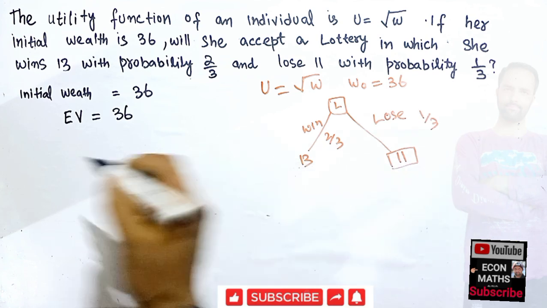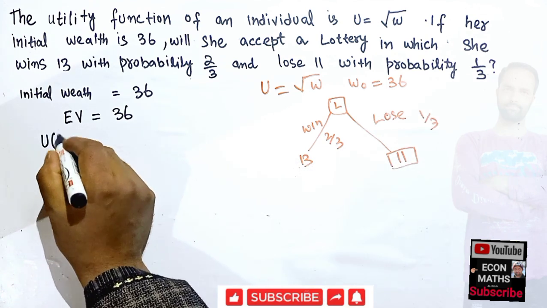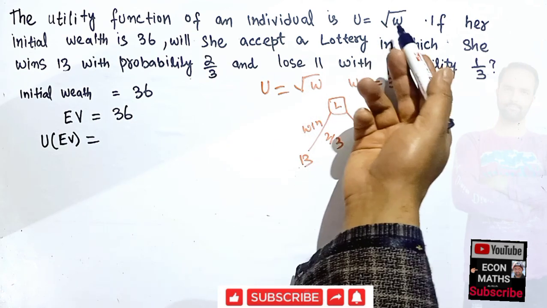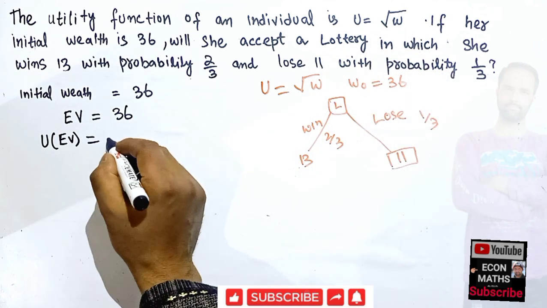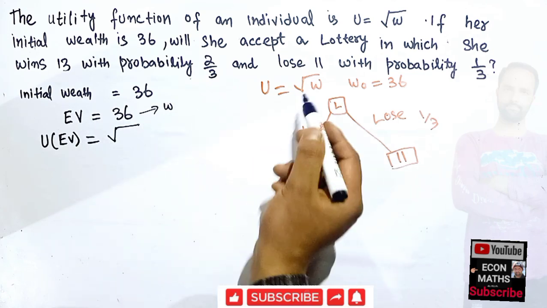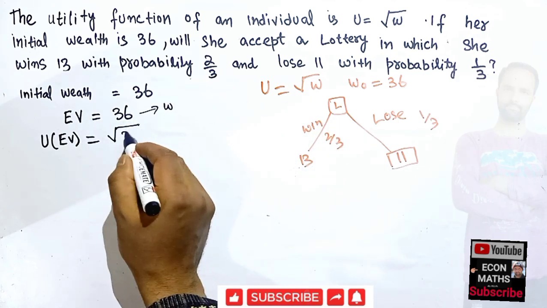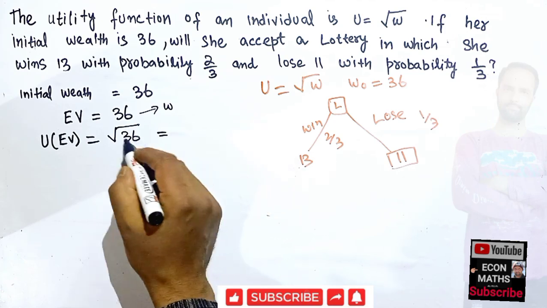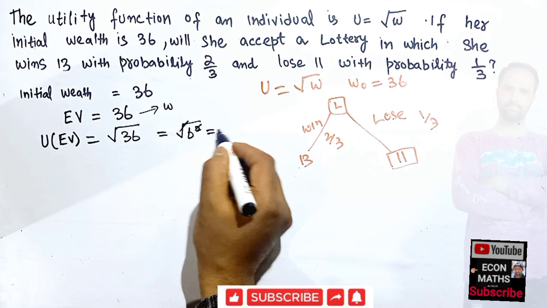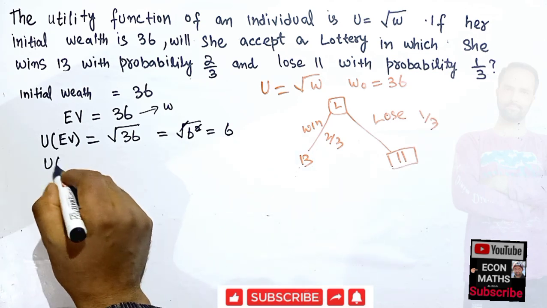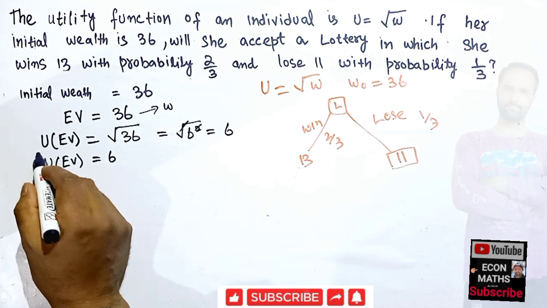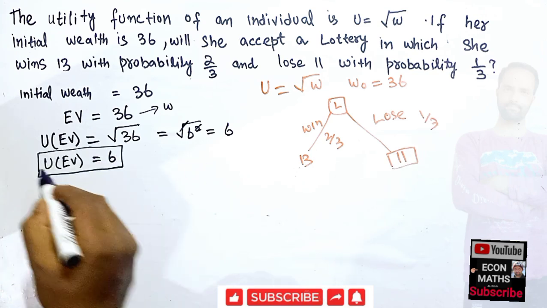Now what is the utility of expected value? The utility function is √w, so the utility is √36, which comes out to be 6 squared, so the square root cancels, and we have the utility of expected value equal to 6.